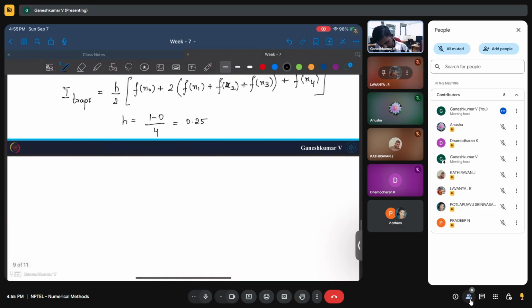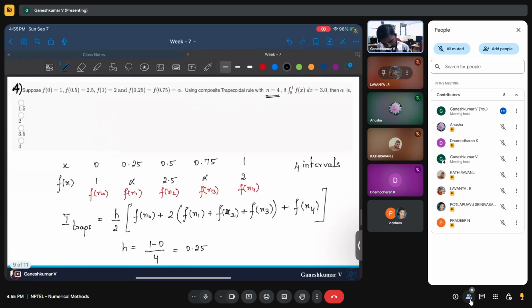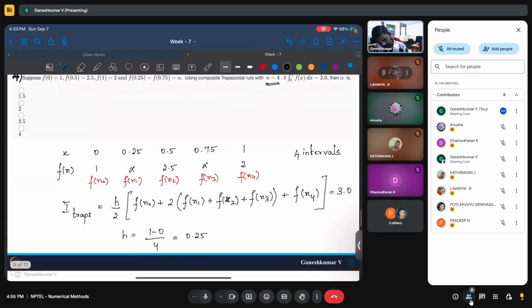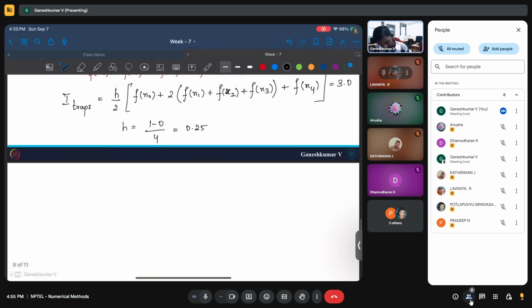So let's just substitute it. This trapezoidal integral is equal to 3. Now you just need to substitute it and solve for alpha.